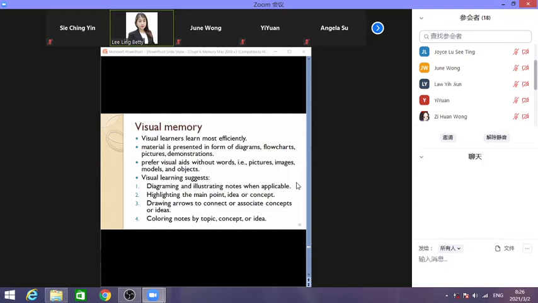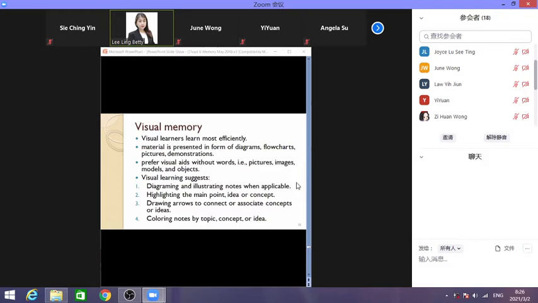So try to use pictures, right? Try to use images when you want other people to participate together with you, right? So visual communication, visual memory will be one of the very good choices. And if you want to highlight your main point, also idea, concept, using visual memory will help a lot in terms of your study also.